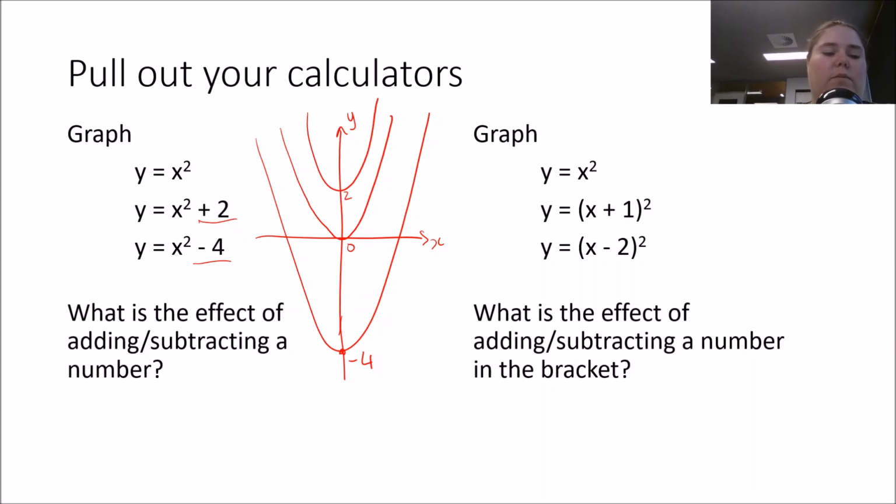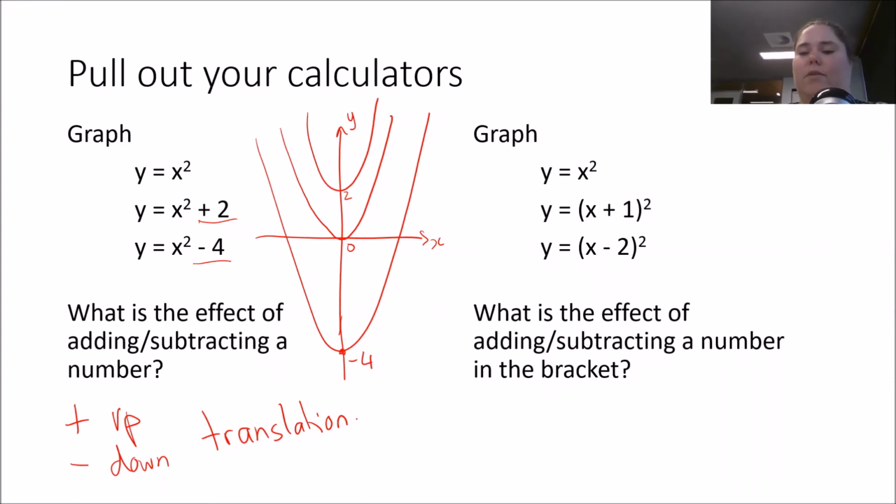That's all we're doing. So if it's a positive number, we are moving it up. If it's a negative, we are moving it down. And these guys are called translations. So I am translating my graph 2 units up. I'm translating my graph 2 units down, that sort of thing.